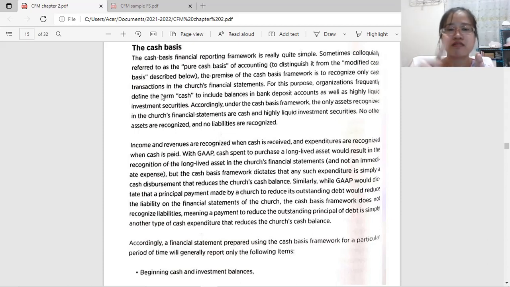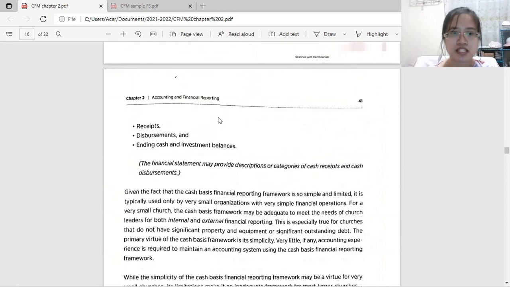They would not wait for the rendering of the service. And then for the payment, they would recognize the expense when they pay the bill, even if they had already incurred or used the service even before paying. So that's the cash basis.